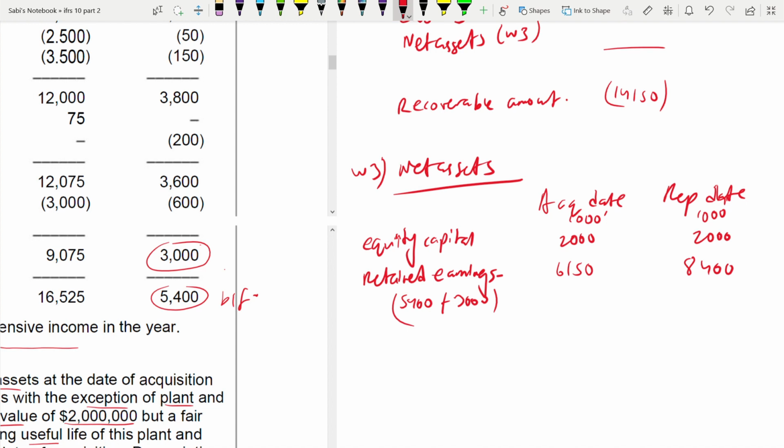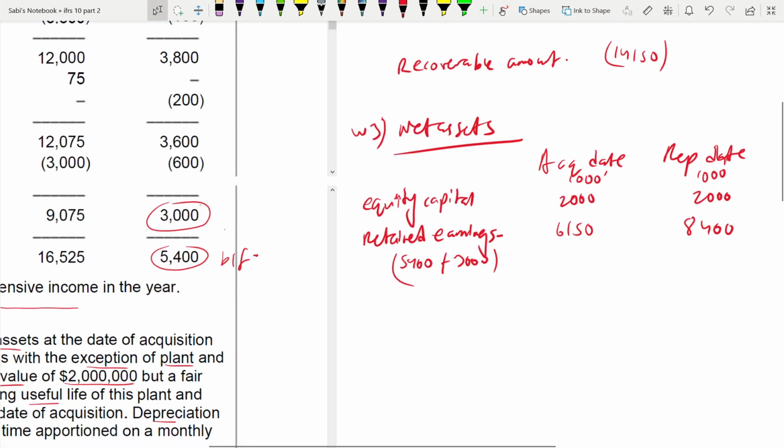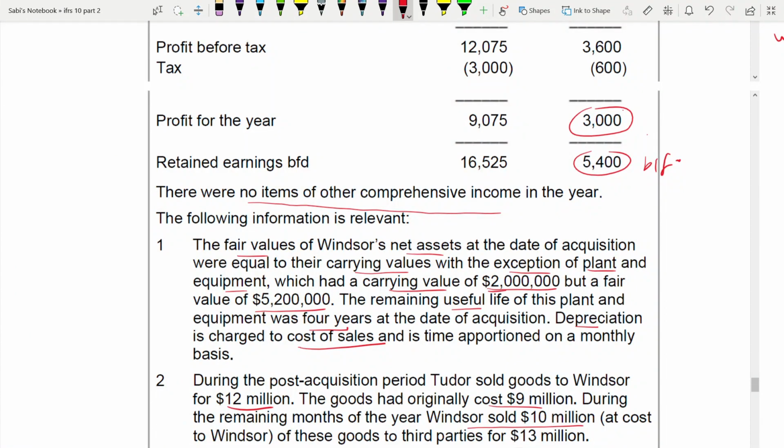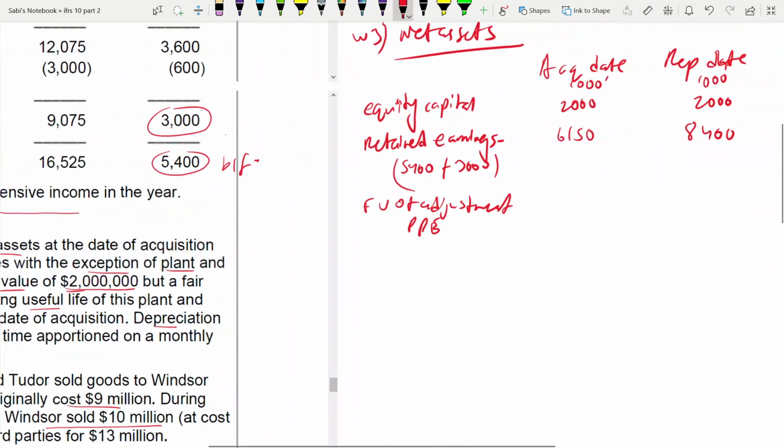It's always like this. Next is fair value adjustment. Any fair value adjustment will be taken here. Fair value adjustment of plant and equipment, or PPE. What was it? It was at 2 million, but fair value was 5.2. So the difference. Only the incremental amount will go.